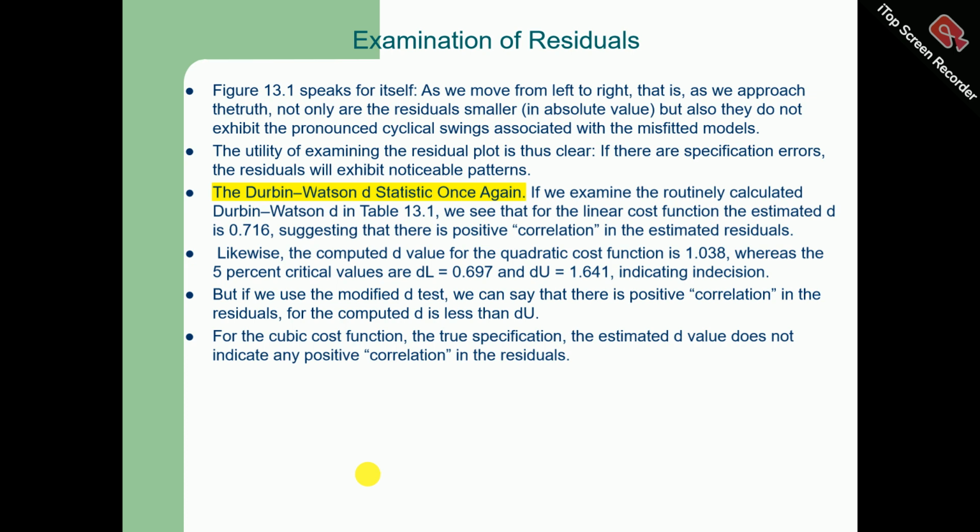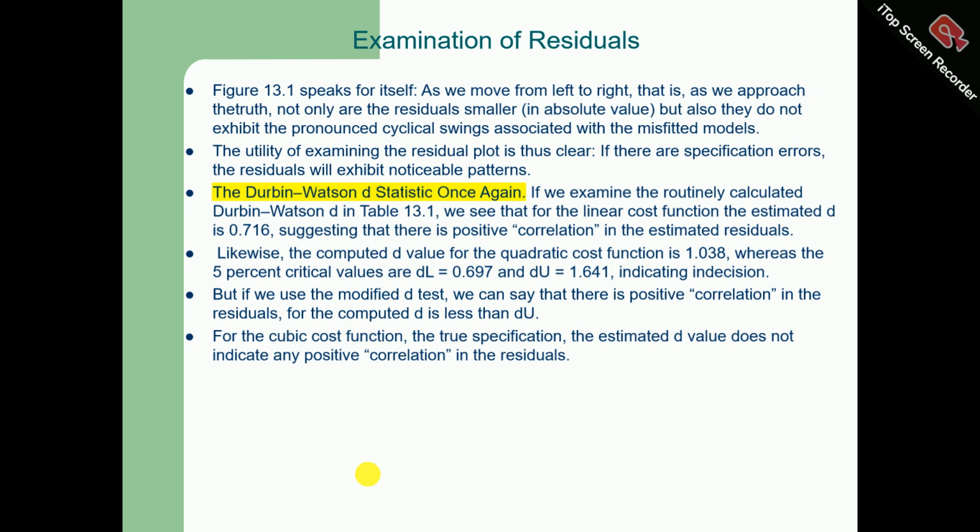Likewise, the d value for the quadratic cost function that I explained in the earlier slide is equal to 1.038, whereas the 5% critical value dL is 0.697 and the upper limit dU is 1.641, indicating indecision. But if you use the modified d test, we can say that there is positive correlation in the residuals, for the computed d is less than dU.